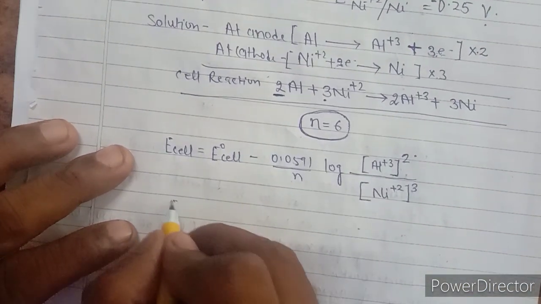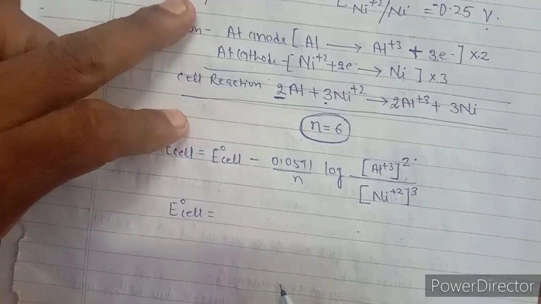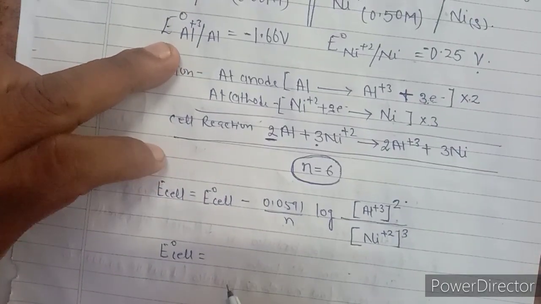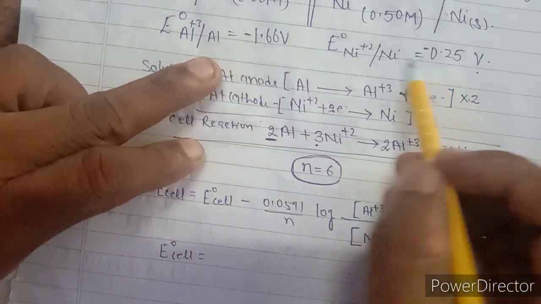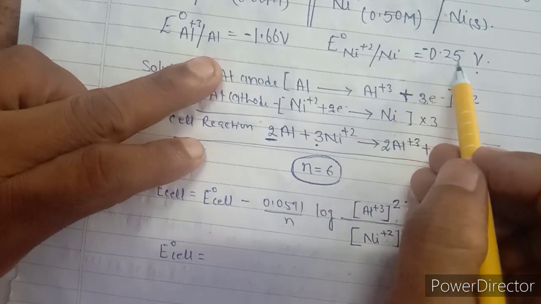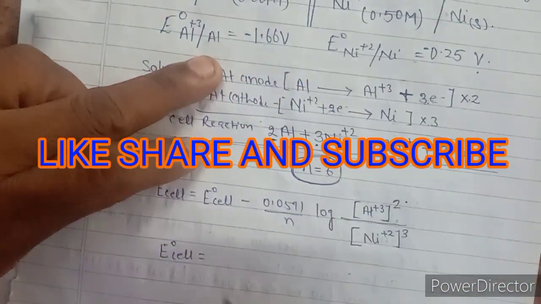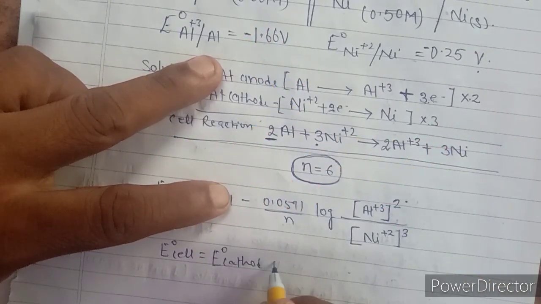Now calculate the E cell naught for this cell reaction. E naught of aluminum is equal to 1.66 and E naught of nickel is equal to minus 0.25, and this is also minus. So E naught is equal to E naught cathode minus E naught anode.